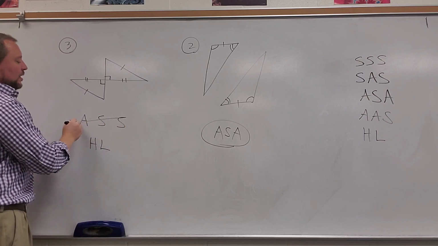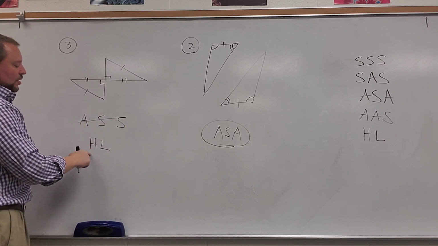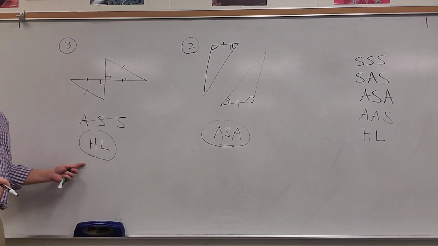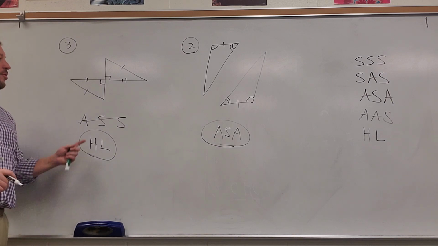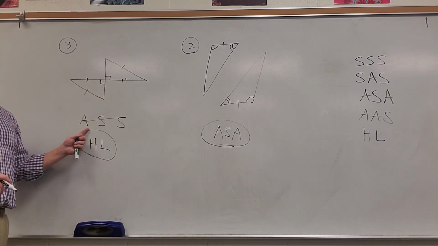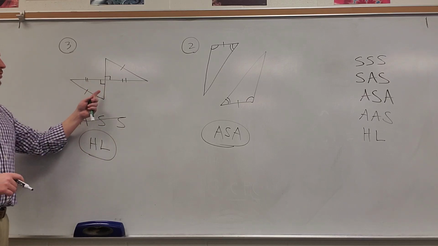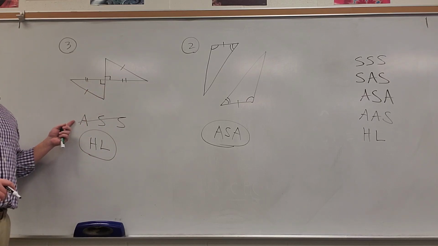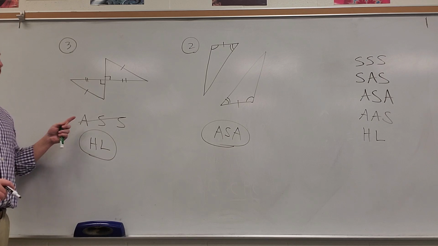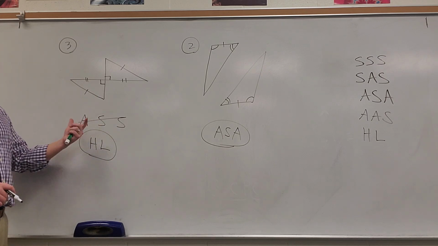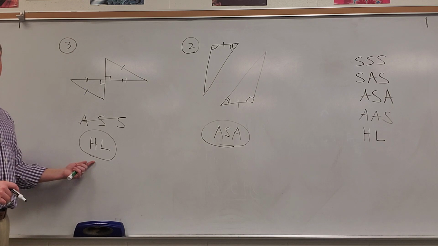So we don't call it by that bad word, we call it this instead. This one is HL. So don't give up on it just because it spells that word, though. Look to see if you have a right triangle. Because on a right triangle, HL will spell that word if you put it in the form of A and S with the letters. But call it HL.